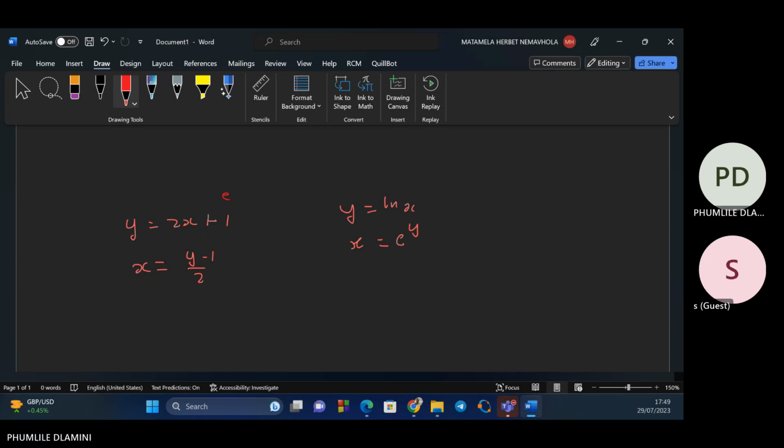Then g inverse of x is going to be y minus 1 over 2 if x is greater than or equal to 1, and it's going to be e to the power y if x is less than 1.